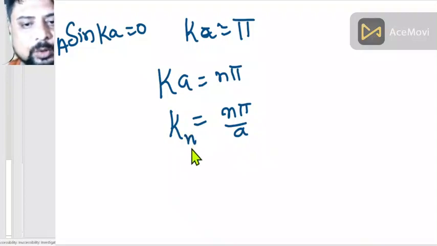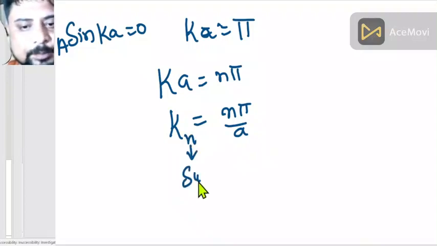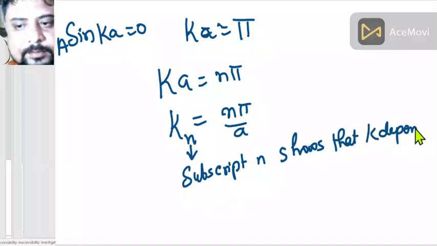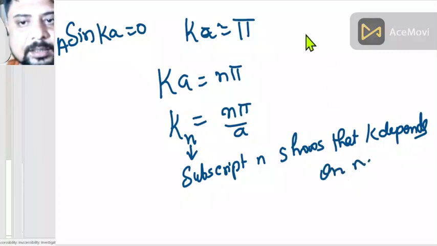So what we are left with here is Ka equal to n pi, and K, remember what is K? K is equal to n pi by A. Pi is constant, A is constant. This K varies with n, so we write the subscript n.